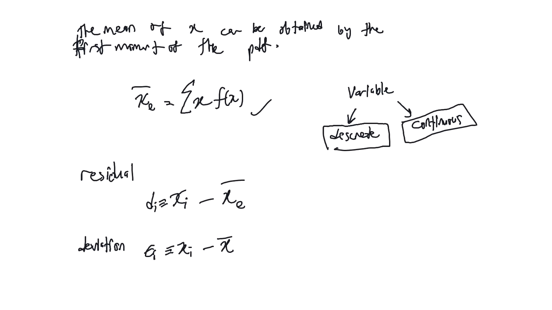Then we can next define variance. Variance is the mean of deviations, the average of the deviation of all data, by considering the true mean.